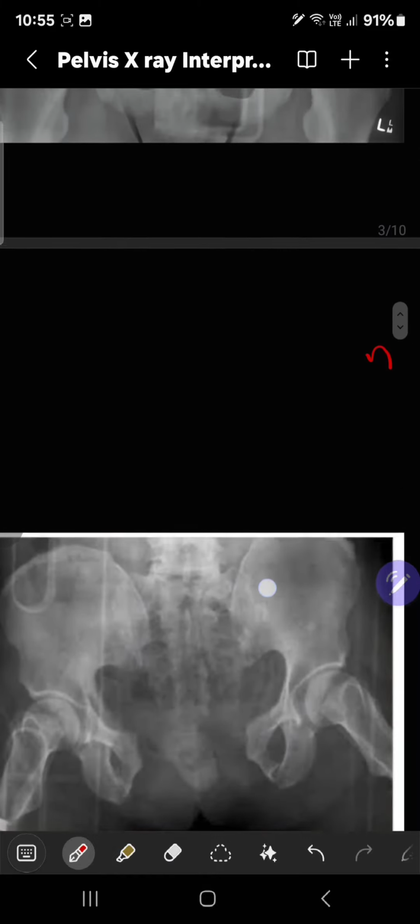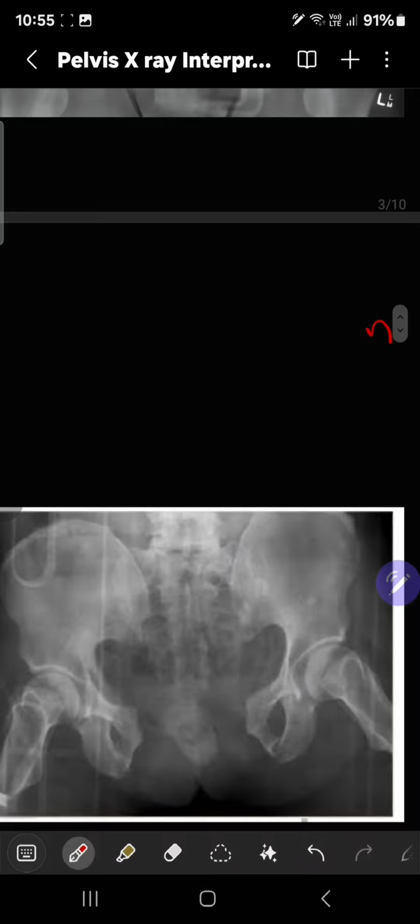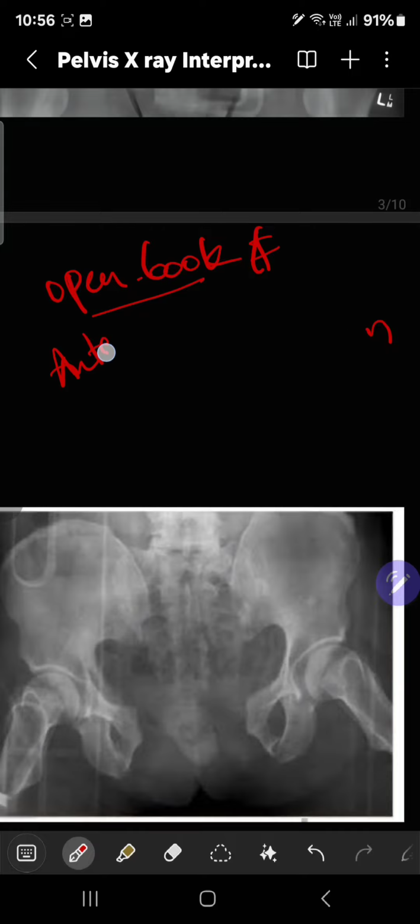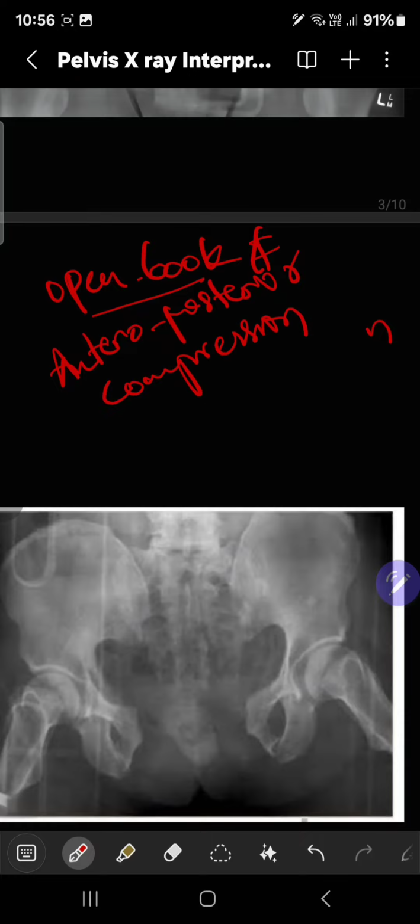The third one is very easy. This is the open book fracture, which is caused by anterior posterior compression, where the patient has compression forces from anterior to posterior.